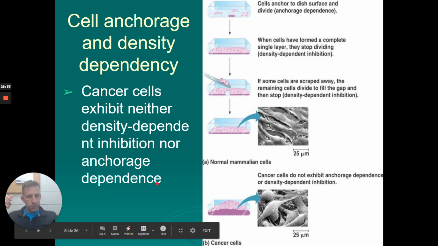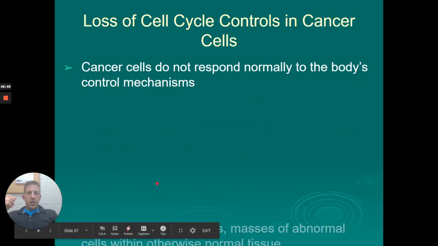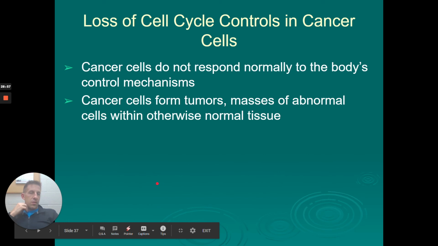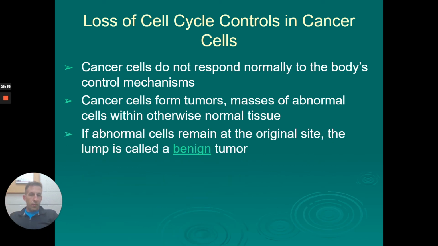Now, cancer cells don't normally respond to these control mechanisms, and as a result, they form tumors. And they can pretty much form these tumors anywhere because they don't need to be anchored to anything. And they'll continue to divide unhindered until the organism is dead because of what they're doing.